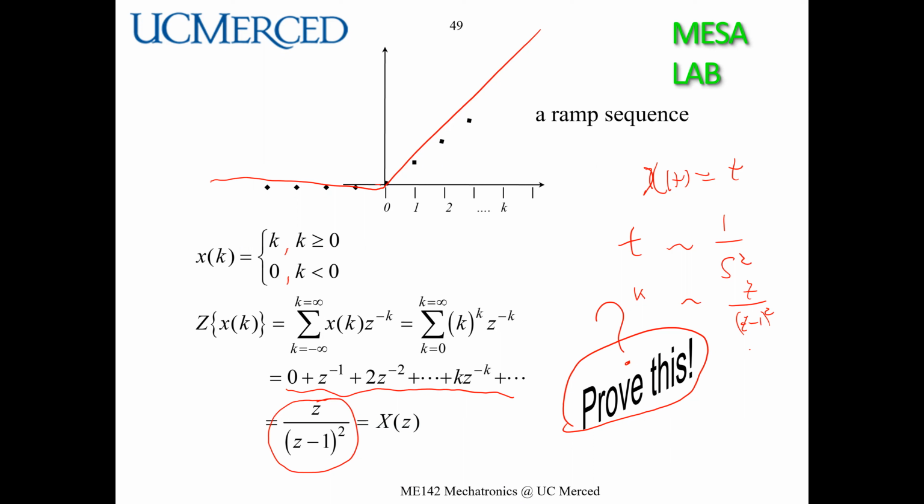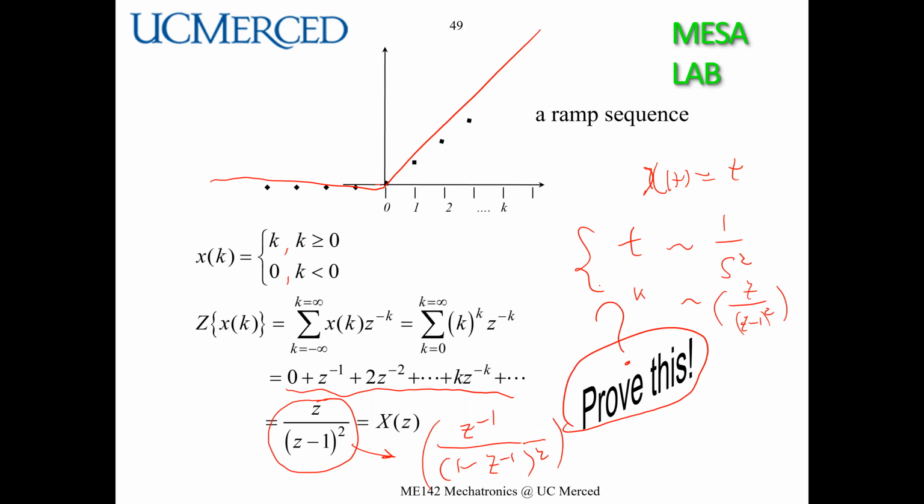But do you think we can also write this thing as z to the minus 1 over 1 minus z to the minus 1, squared? Yes or no? Yeah, you divide both numerator and denominator by z squared, you'll get this. So this one and this one are the same.